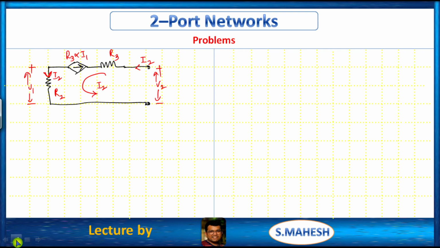Therefore first we have to write V1, which is equal to I2 R2. Let us say this is 1. Next, V2 is V1 minus the voltage in this branch, R3 alpha I1, because R3 and alpha I1 are connected in parallel.